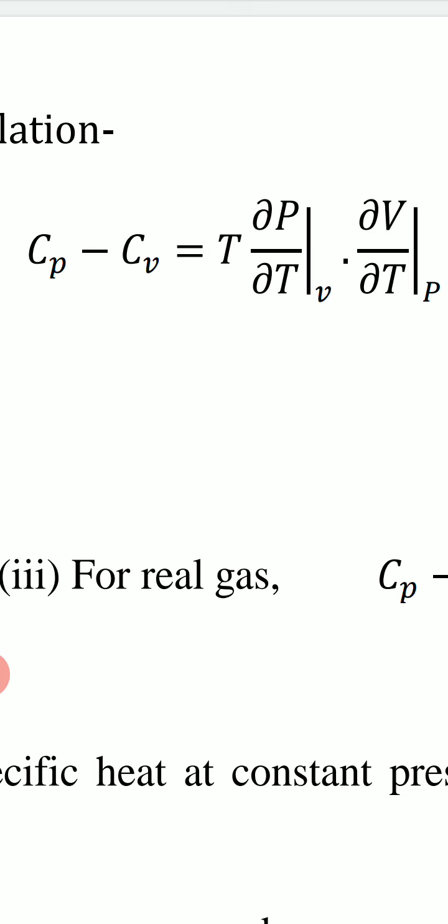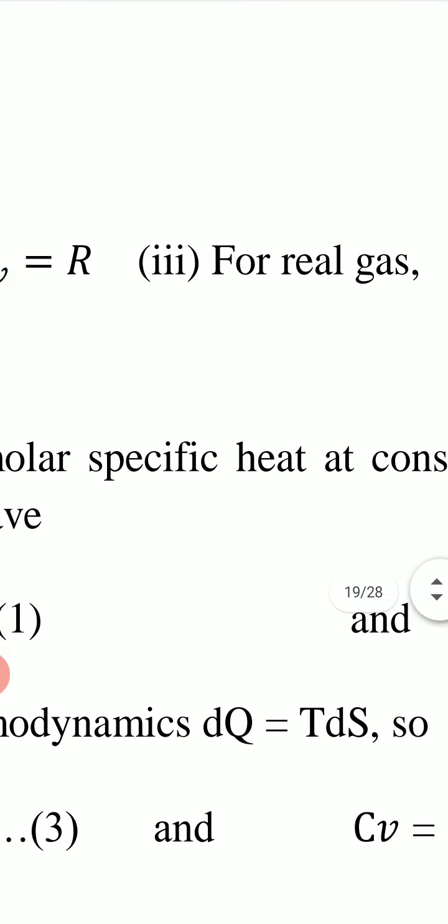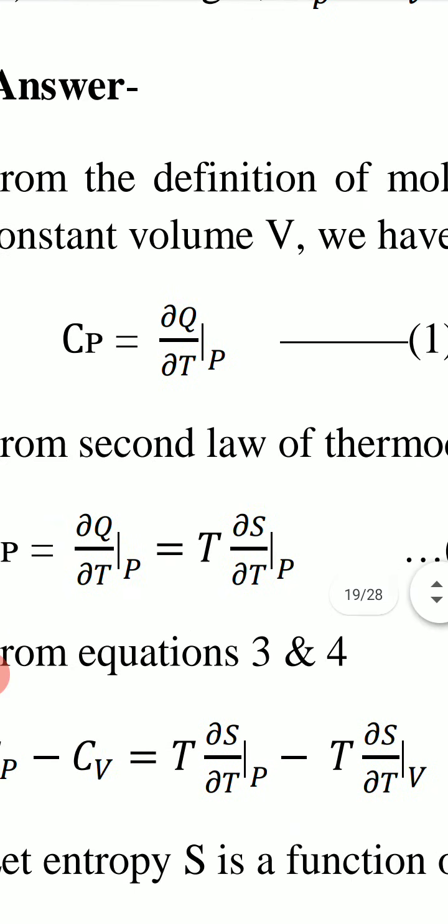Cp is for constant pressure P and Cv is for constant volume V. And definition of molar specific heat is this. We write molar specific heat by capital C, and it is equal to delta Q upon delta T.